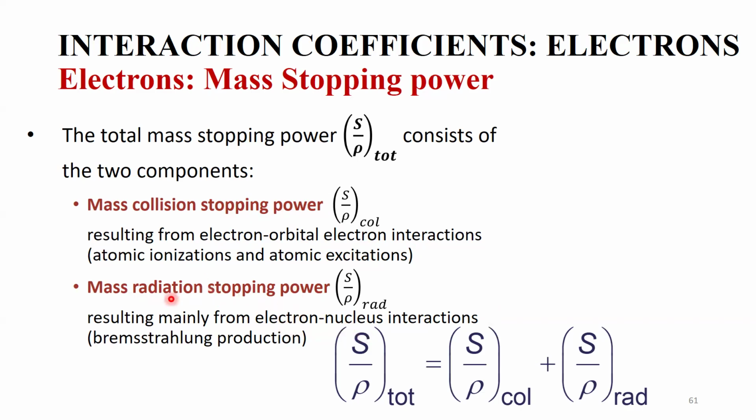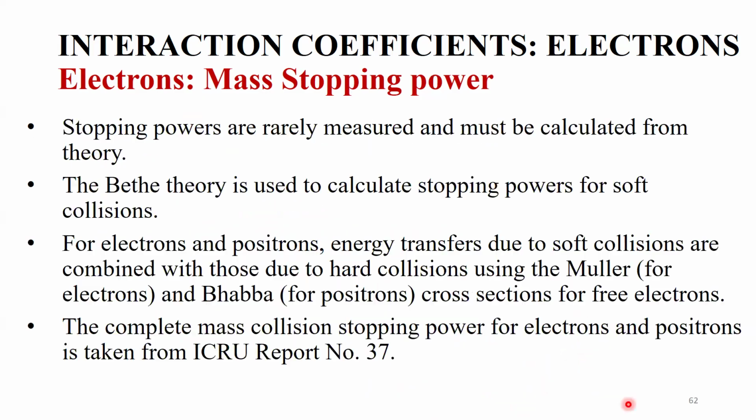In this case, with the mass radiation stopping power, bremsstrahlung radiation is produced. So we have bremsstrahlung production. So the total mass stopping power is the summation of these two components. S over rho total equal S over rho collision plus S over rho radiation.